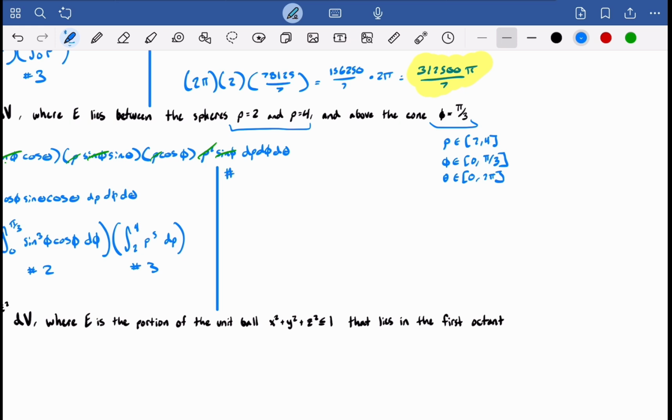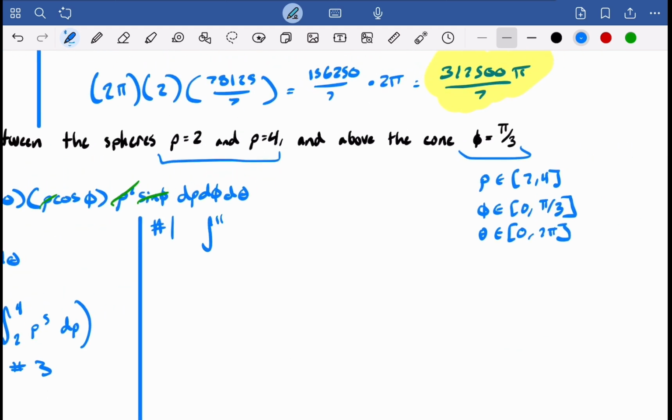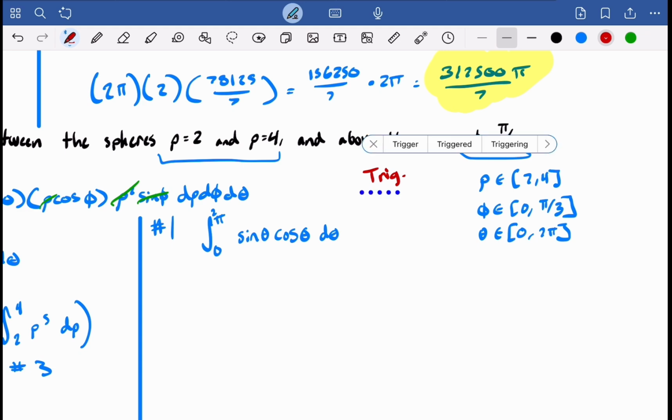Number 1 is going to be the integral from 0 to 2 pi of sine of theta cosine theta d theta. Now this could be trig substitution, but you can also do u sub here.